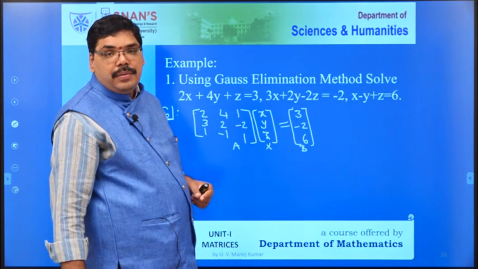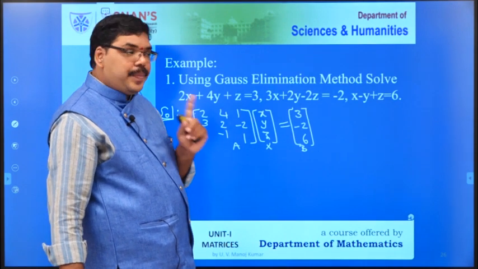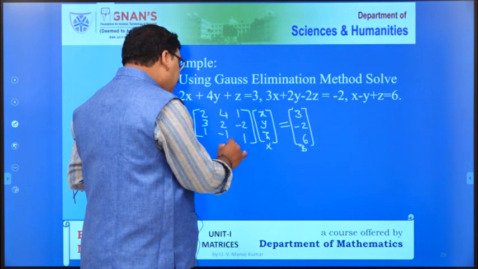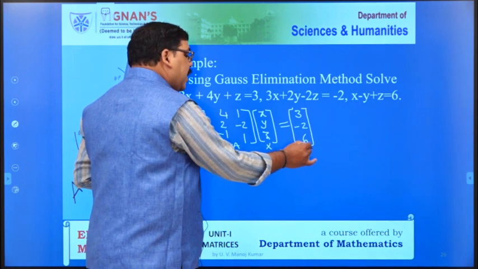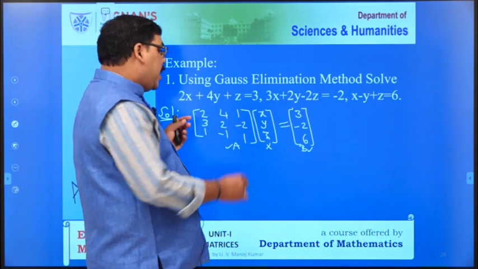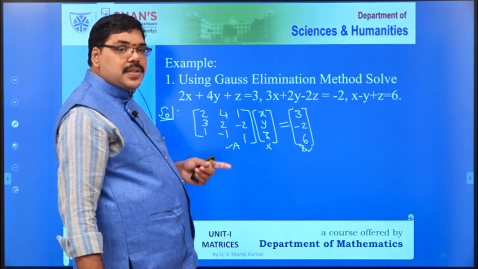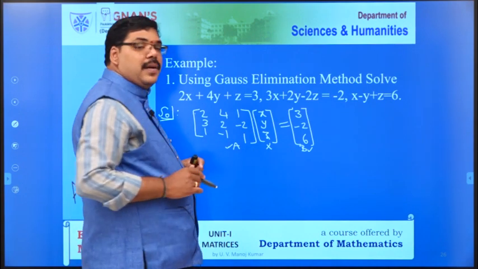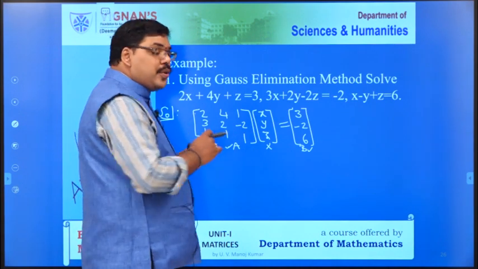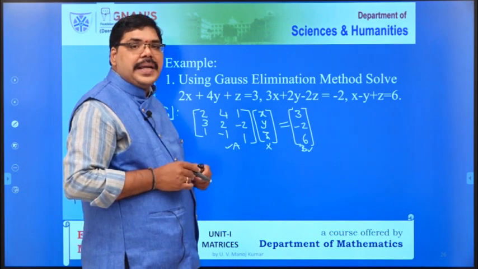What you are going to do? We are applying row operations on both A and B. We are applying row operations here and also here. Same row operation we have to apply on both. Your aim is to reduce A into echelon form. Matrix A should be reduced to echelon form. We are doing this many times.